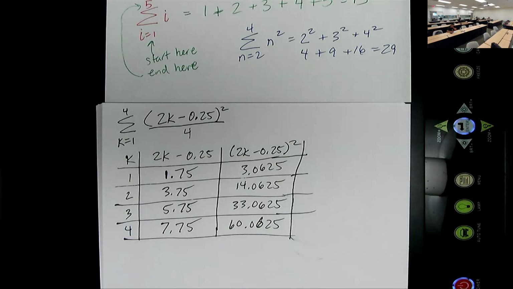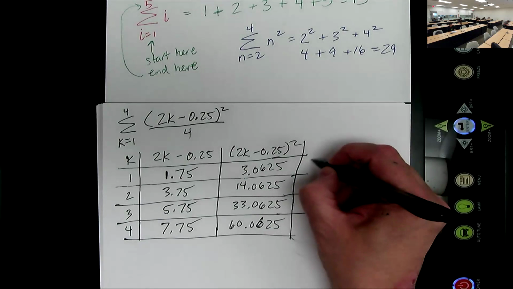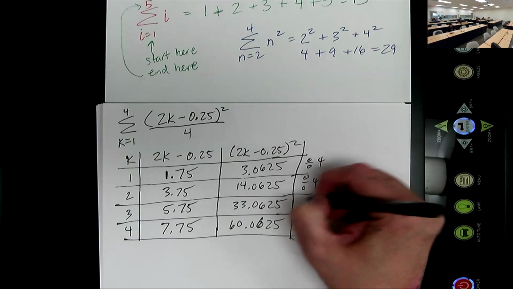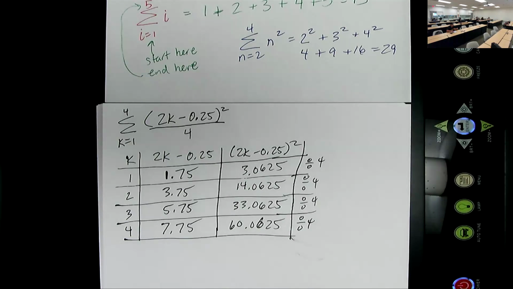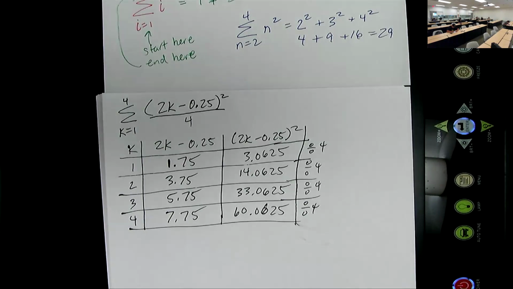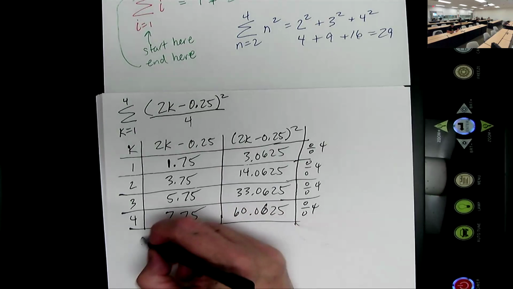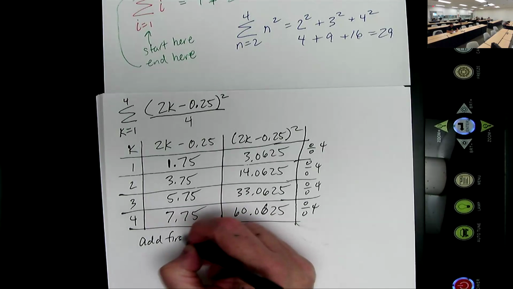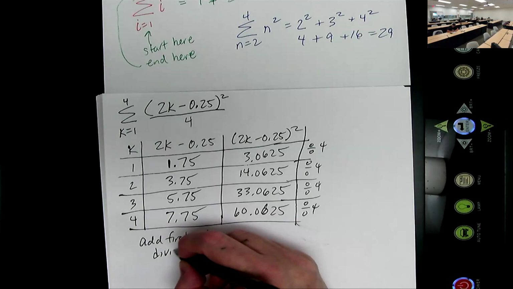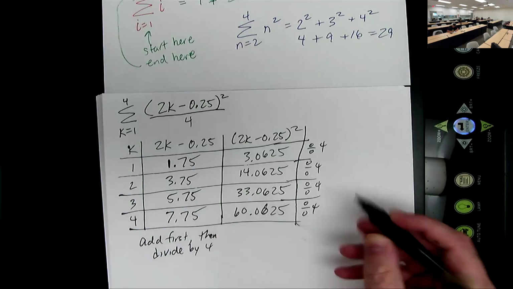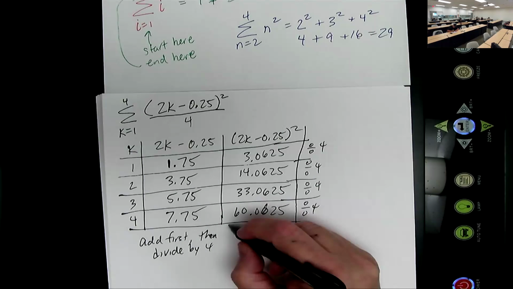Now I can do the 1/4 times this on each row. I could divide by 4 and get an answer on each row. But you will find that when you're doing division, since it's divided by the same thing every time, add first, then divide by 4. It actually gives you the same result. So I'm gonna add these up.